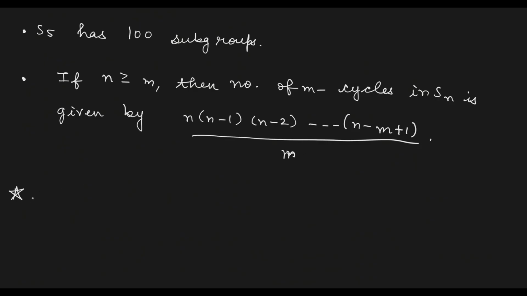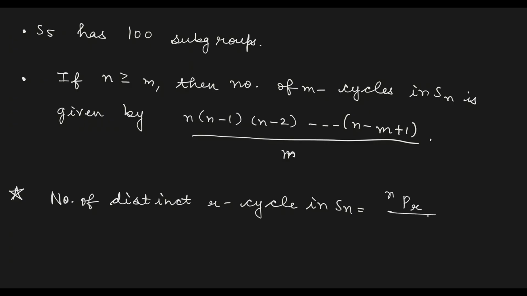Next, the number of distinct r cycles in Sn. This is nPr upon r, that is, 1 upon r, n factorial upon n minus r factorial.